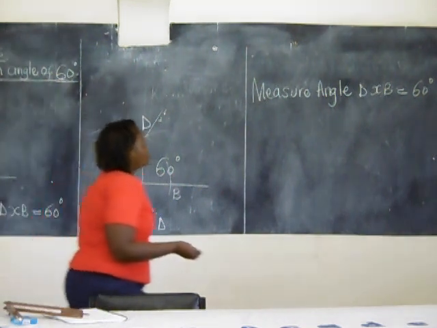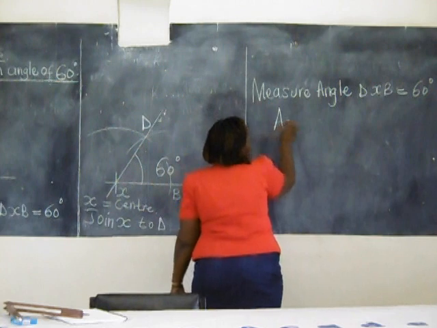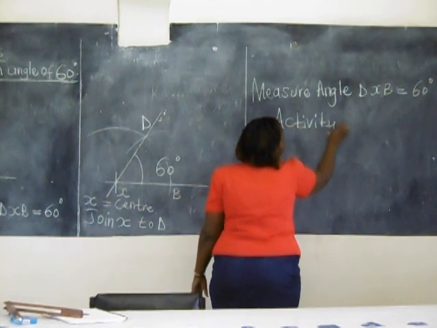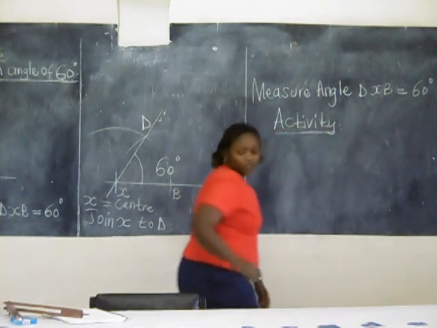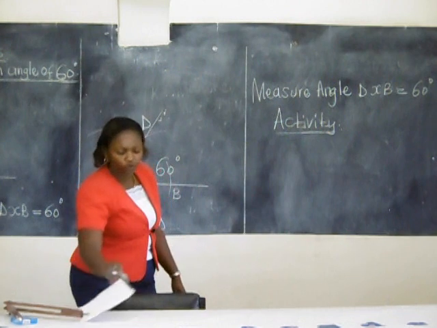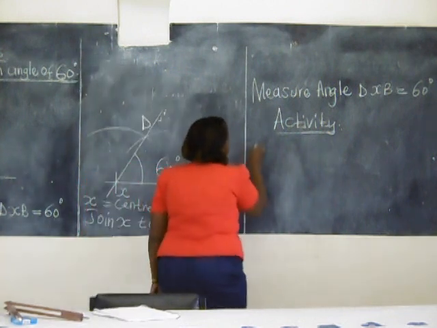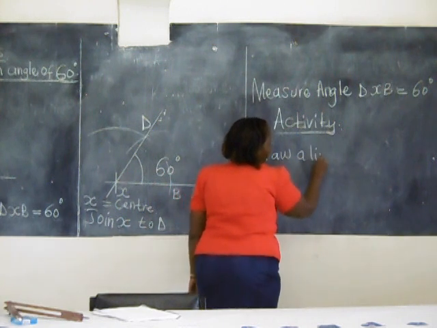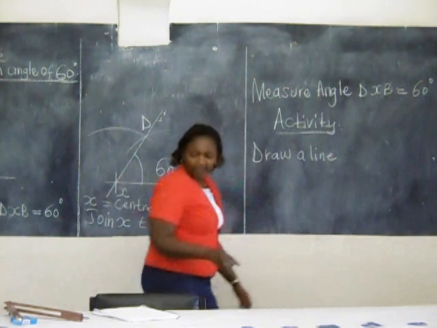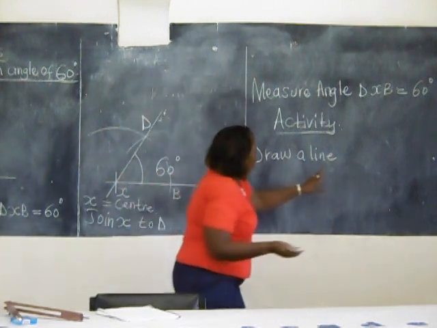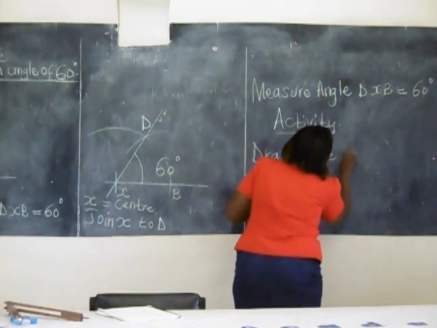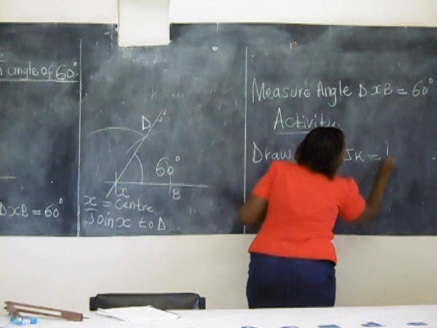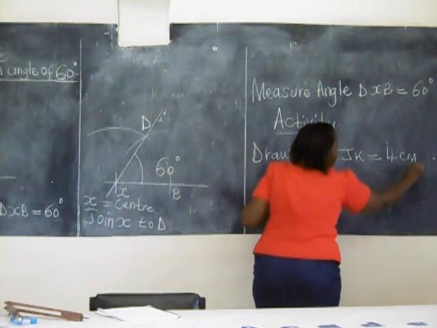So what you are going to do, I want to give you an activity that you are going to do. You are going to draw a line which we will call JK, and the line should measure 4 centimeters.